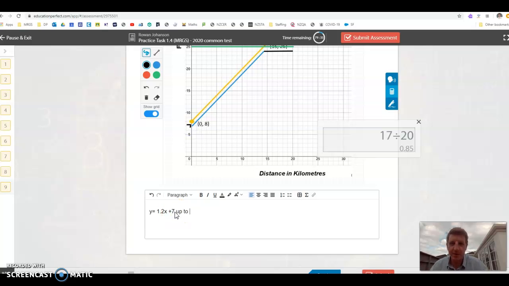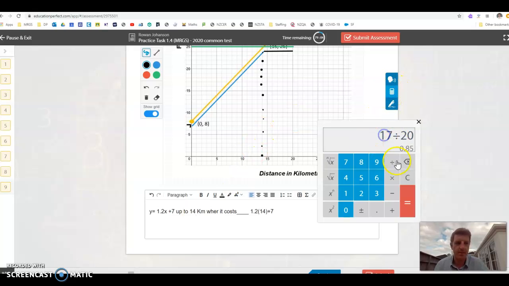up to, and I've got to find out, where do I stop that? I want to stop it at $24, but maybe I can just stop it here at 14 kilometers. That may be one option. That's a nice easy one, right? So let's stop at 14 kilometers, up to 14 kilometers, where it costs, I need to find out how much will this cost for 14 kilometers. So I need to do 1.2 times 14 plus 7.